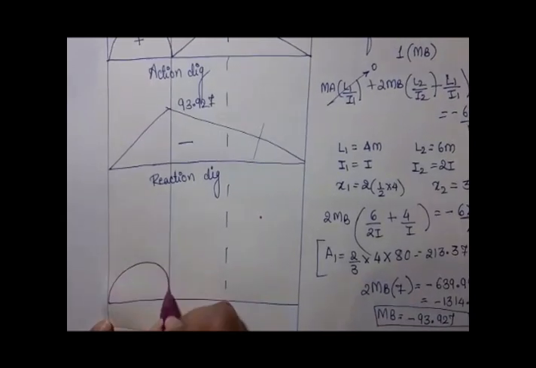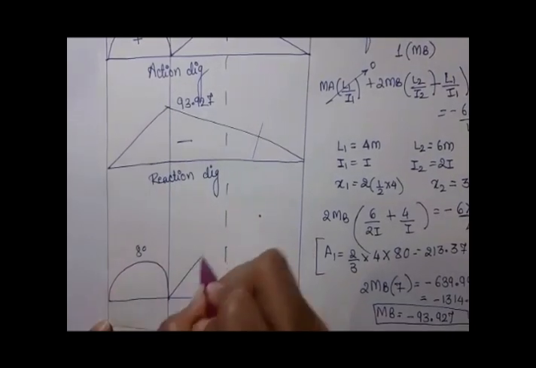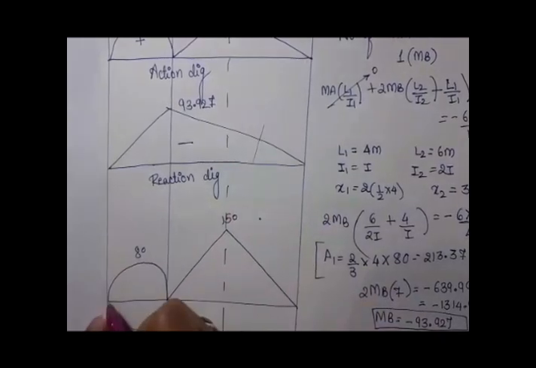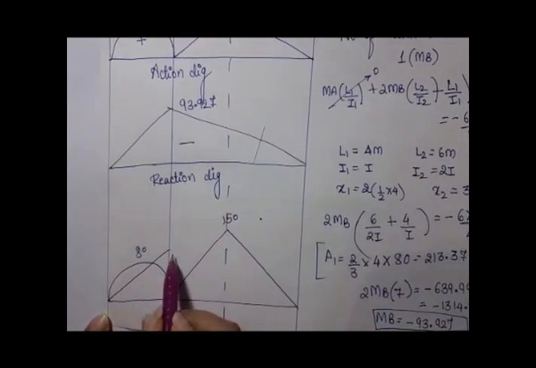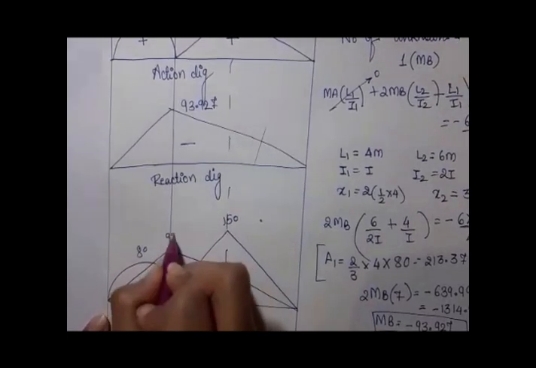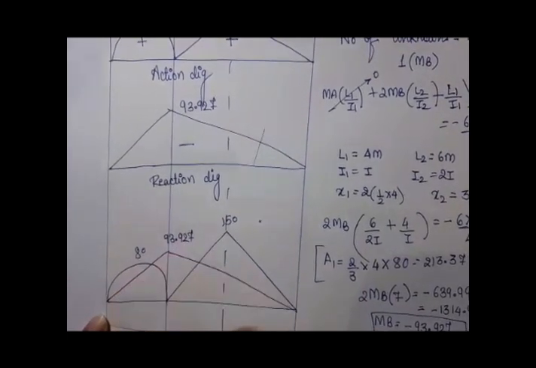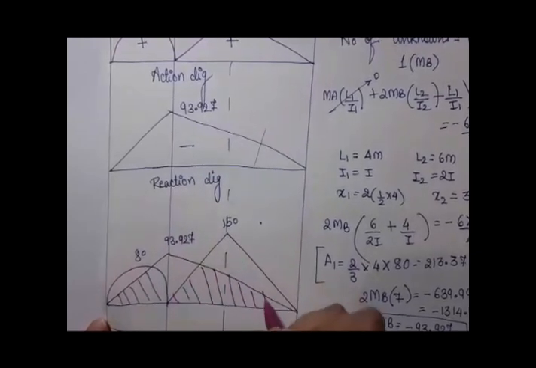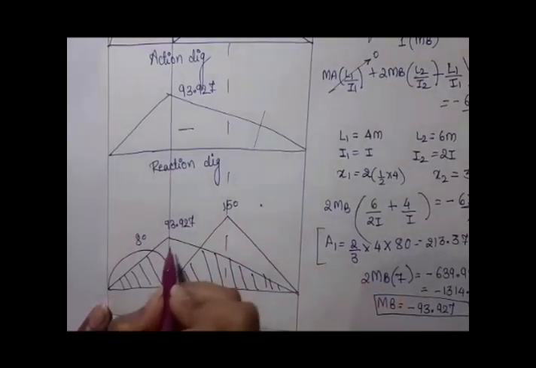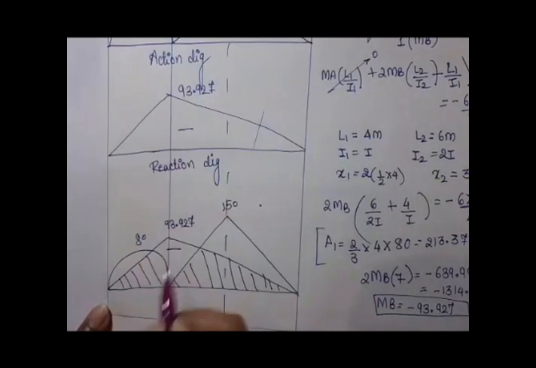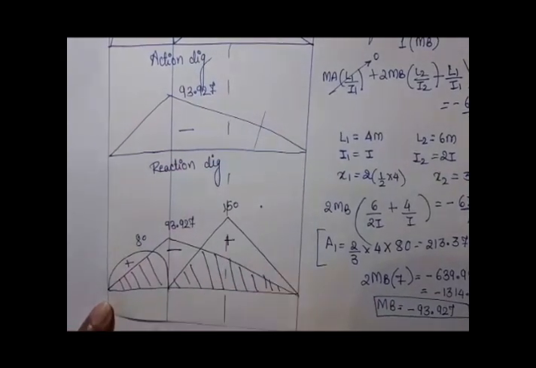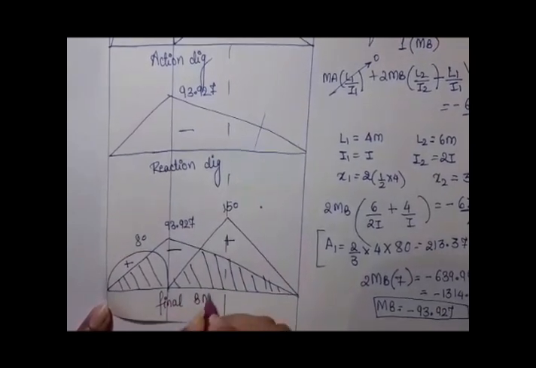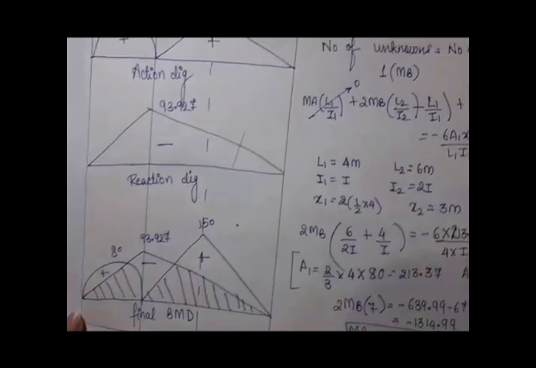So here it is 80 and here it is 150. So now we would draw the reaction diagram, that is 93.927. Now this is the nullified area, since it is overlapping each other. Since it is negative, here it would be negative, and this is positive and positive, and this is the final bending moment diagram.